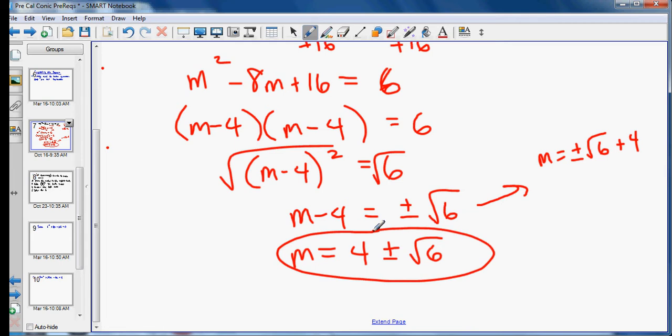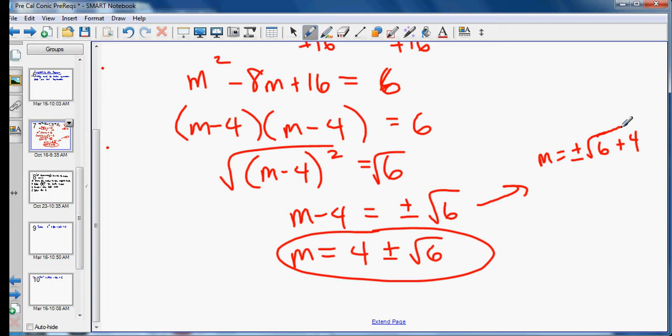I don't know exactly the reasons why they did it that way, but I know one thing is it's helpful to just have the square root on the back side, because then it's easier to tell where it starts and where it stops. You don't have anybody accidentally writing something like this and you're not sure if the plus 4 is inside the square root or not. But for whatever the reason, the way I will always write it, and the way I'd recommend you also write it, is with the plus or minus in the middle of the two terms.